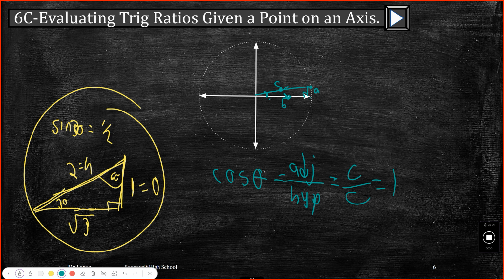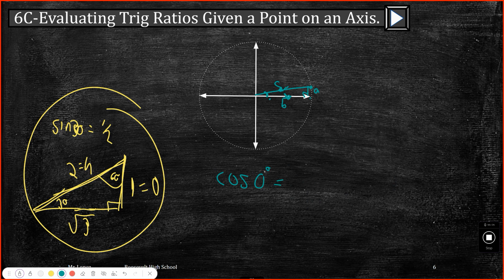I don't need a calculator. I fully understand that that's what it is. But let's say you guys are so used to using calculators, and you go, that's what the calculator says. I don't care. Go ahead and get your calculators. Make sure it's in degrees, because we are using degrees right now. Go ahead and do cosine of 0 degrees. What does it say that the cosine of 0 degrees is?